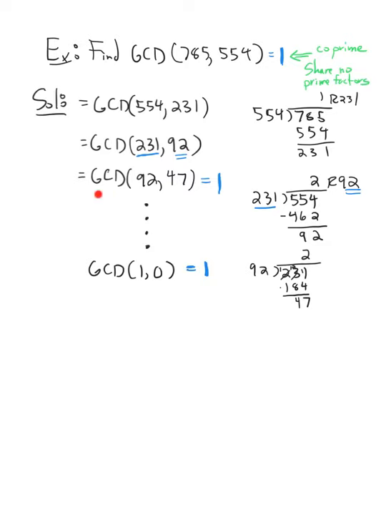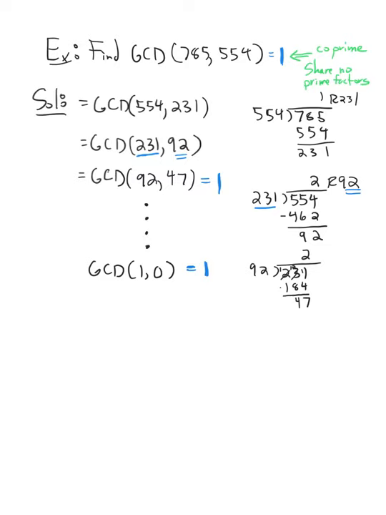But if you can see at a certain step that the greatest common divisor is going to be something, you might as well stop there and just do it. If you notice one of the numbers is prime and the other number doesn't have that prime as a factor, well, it's pretty easy to say that the greatest common divisor then must be 1.